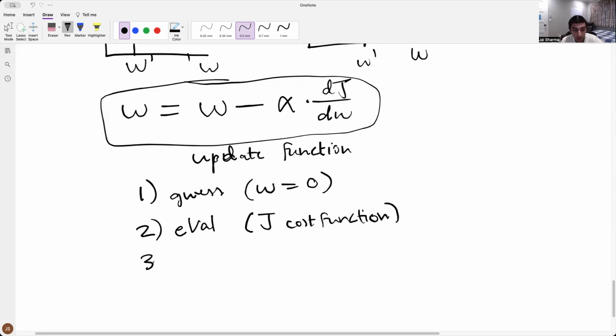And step number 3 was to update. And this is the update function, where essentially you want to find the new value of your parameter W by taking the old value, subtracting your learning rate, which could be, let's say, 0.1, and multiplying by the slope.